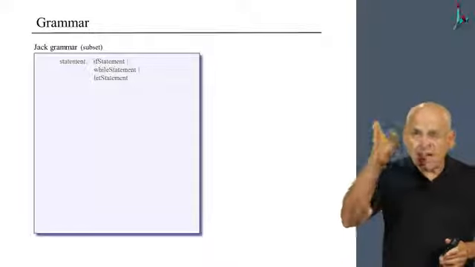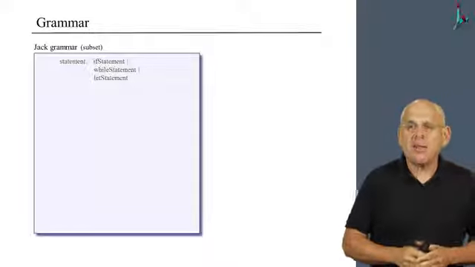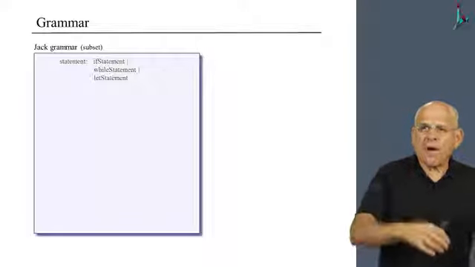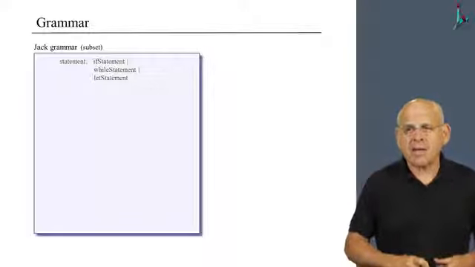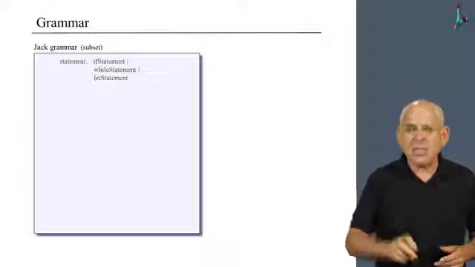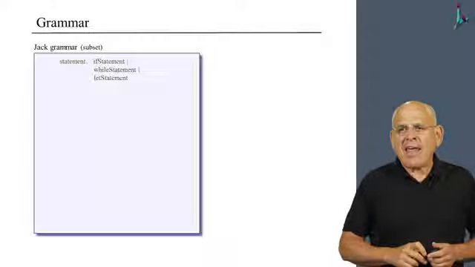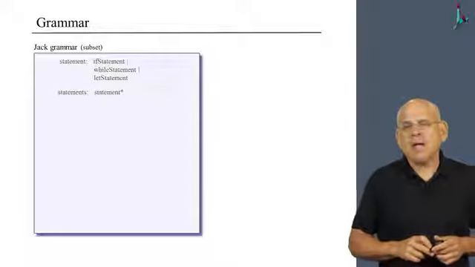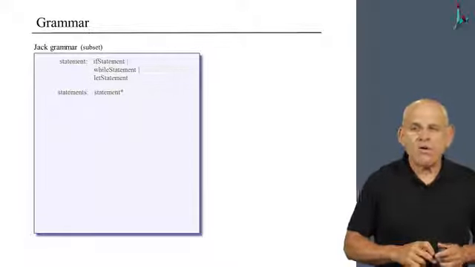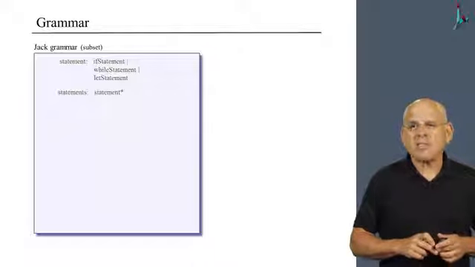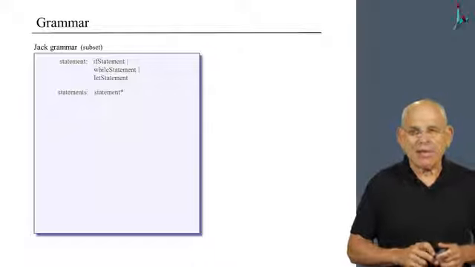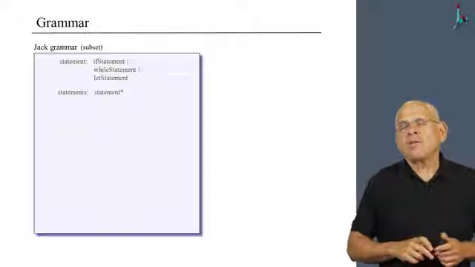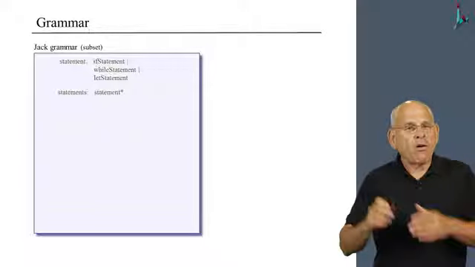So I use this bar, the vertical bar, to denote choice. So either an if or a while or a let is an acceptable statement in this subset of the language. And then statements in plural are zero or more occurrences of statement in singular. And I use asterisk to indicate zero or more.